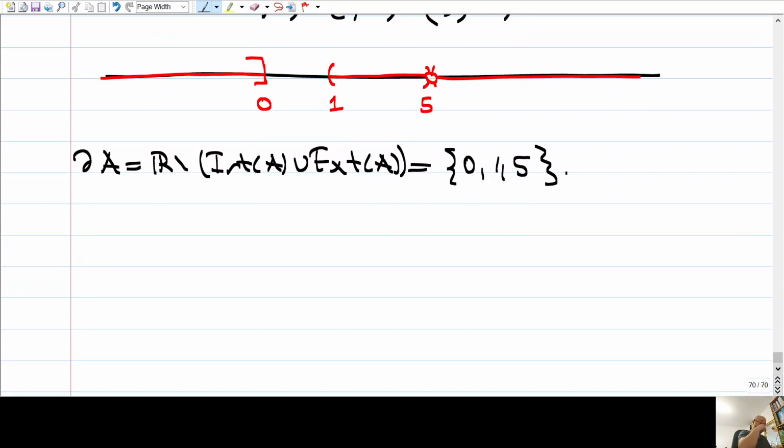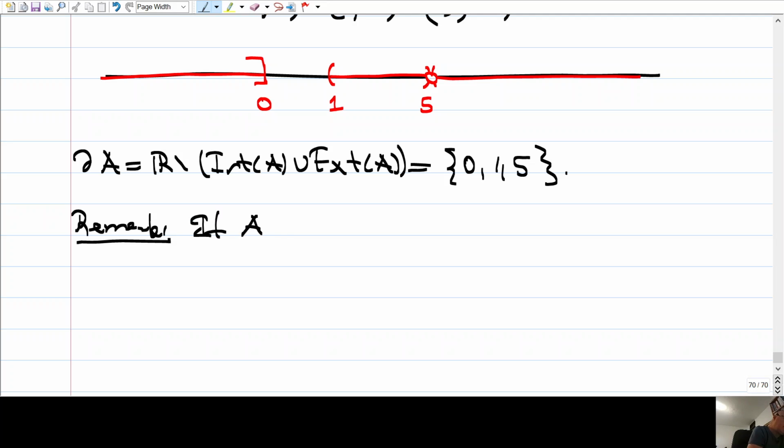Maybe before I continue, let me tell you a remark. We showed that interior is an open set, right? And indeed, if you have an open set, then it's equal to its interior, right? So let me do it this way.